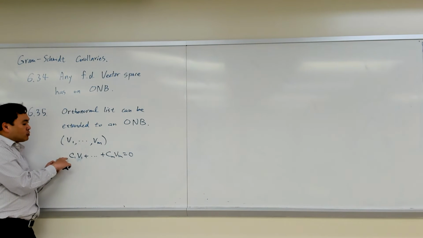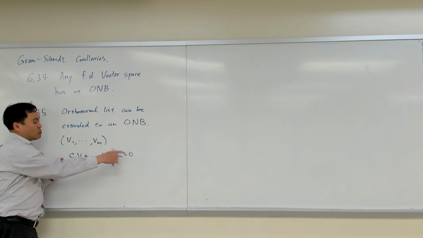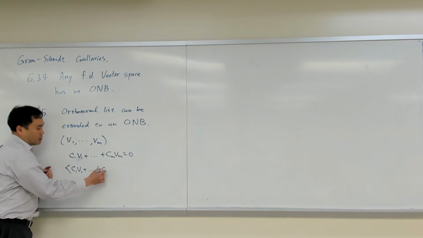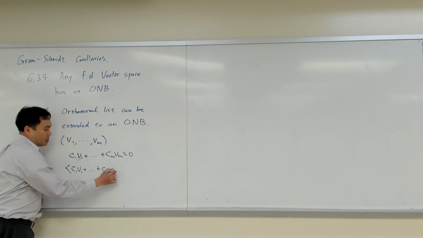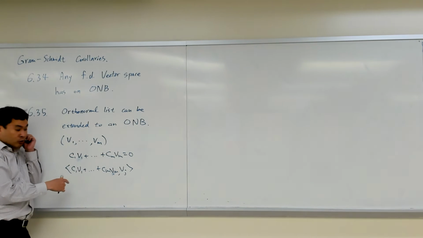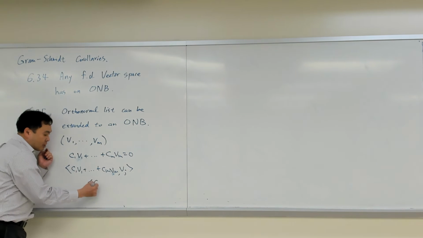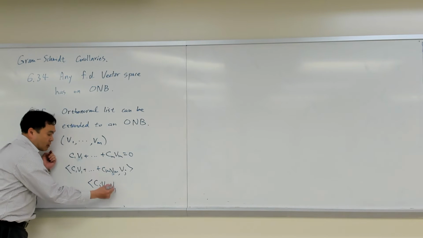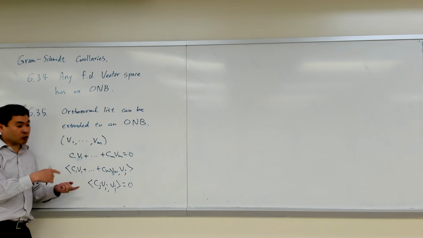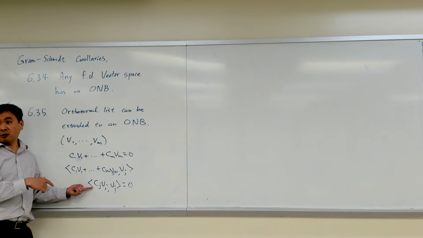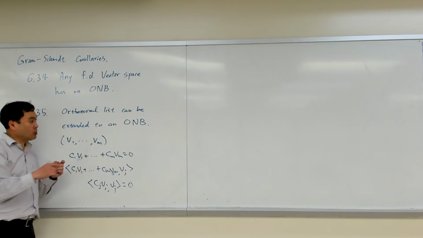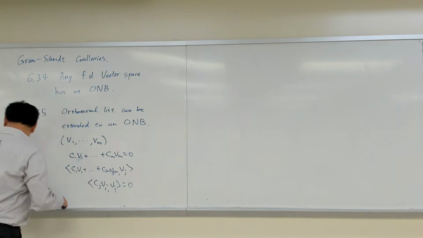If C1 V1 through Cm Vm add up to 0, then you can take an inner product with any Vj, and because it's mutually orthogonal, the only thing that is non-zero is Cj Vj, which has to be 0. But then Vj has norm 1 because it's orthonormal, so you end up saying Cj is 0. And this is for any Cj, so C1 through Cm are all 0. So we know that this is already linearly independent.